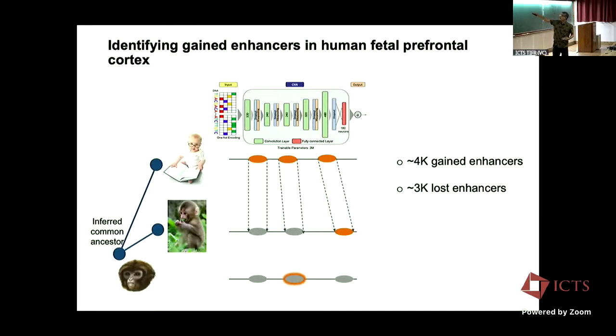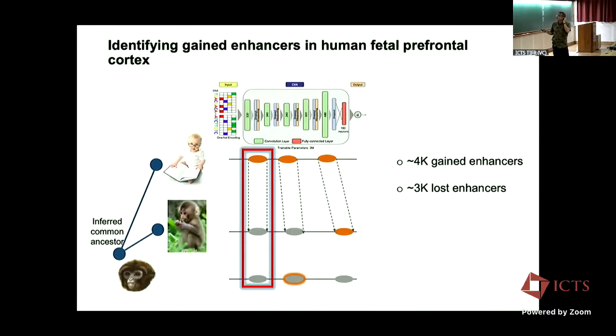Our definition of a gain is that something has to be present here, not here, and our model should say yes for human, no for macaque, and no for the ancestor. And we infer this ancestral species sequence based on probabilistic considerations, like phylogeny, tree building, that type of thing. So that's how we ascertain what is gained, what is lost, and so on and so forth.